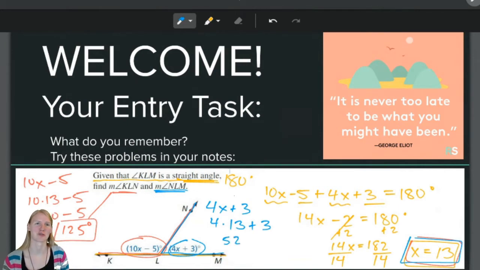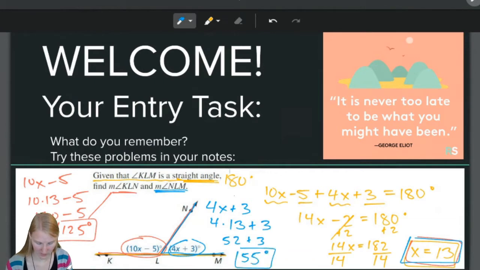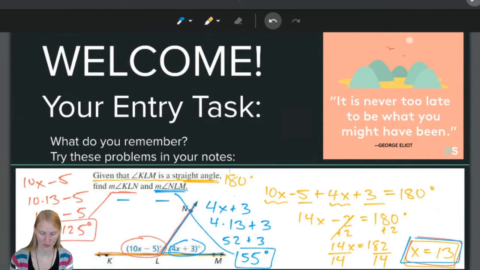All of that was to say that 4 times 13 is 52. Plus 3 is 55 degrees. So that is the measure of angle NLM. Are we done now? Yes, because we have found both things that we needed to find.